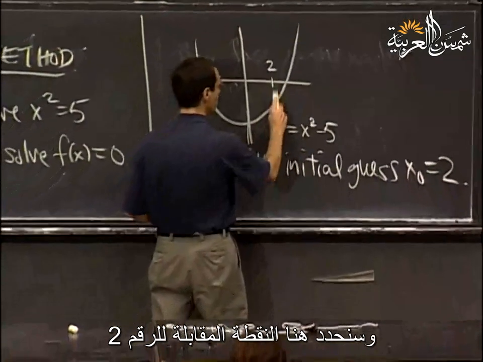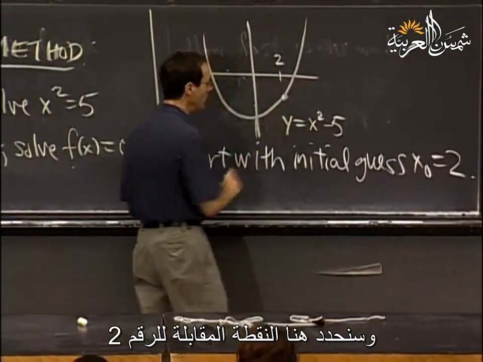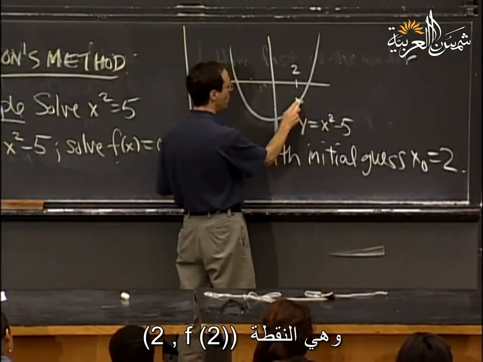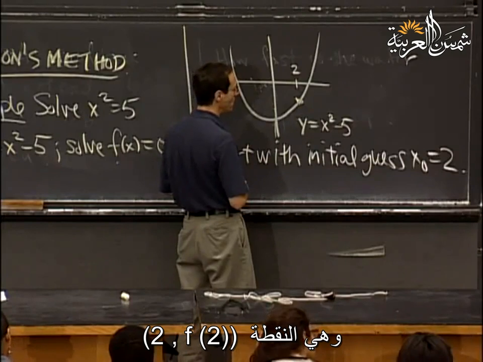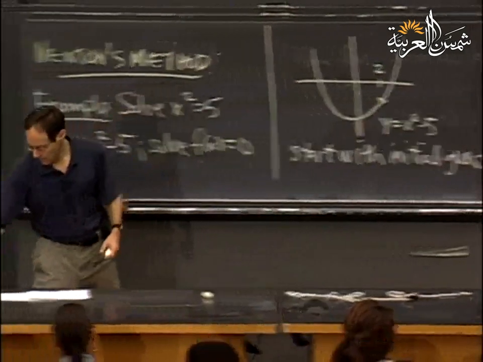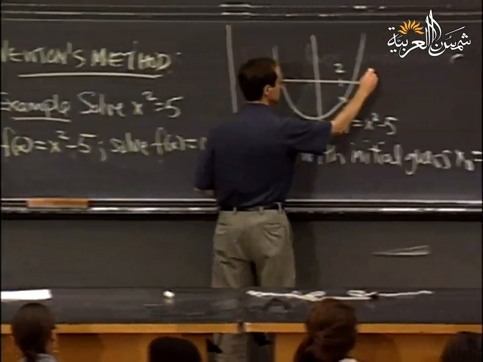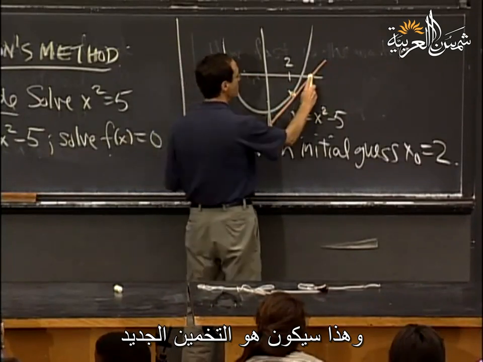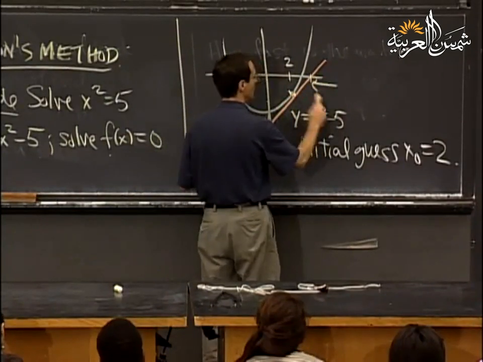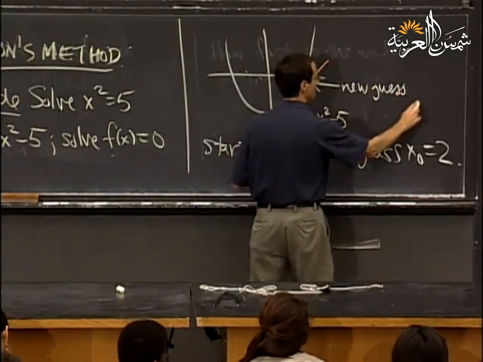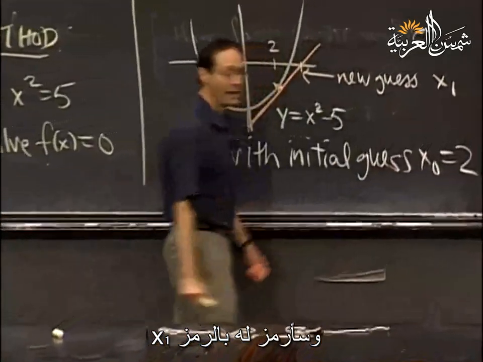So if the function is linear, we'll plot the point where 2 is, that is the point (2, f of 2). And then we're going to draw the tangent line here. And this is going to be our new guess, x equals x, which we'll call x1.